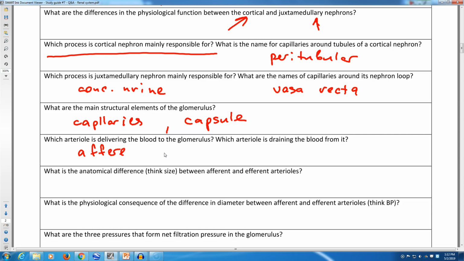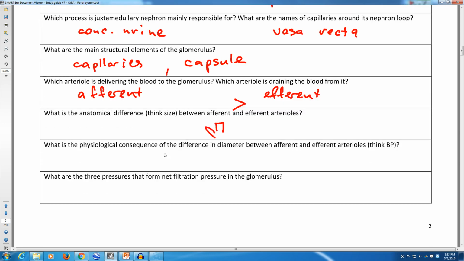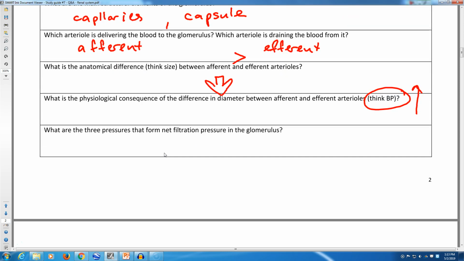Blood is delivered by afferent arterioles and drained by efferent. Afferent are bigger, wider than efferent. The consequence is that blood pressure is unusually high in the glomerulus compared to other capillary beds.